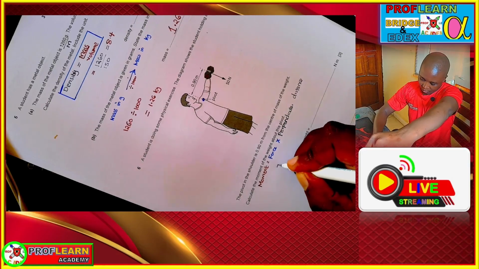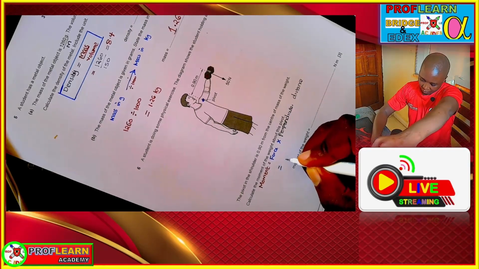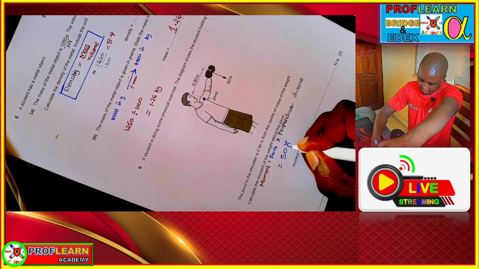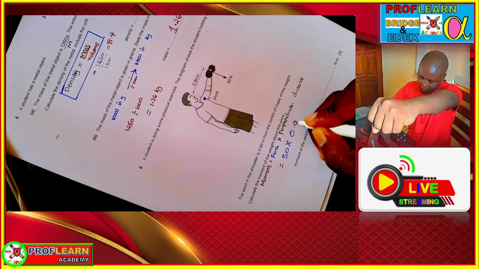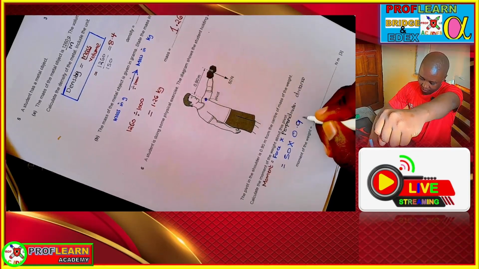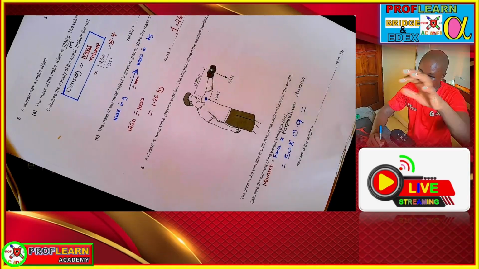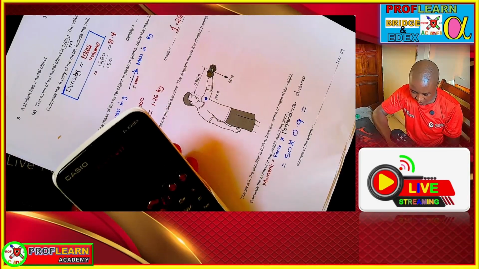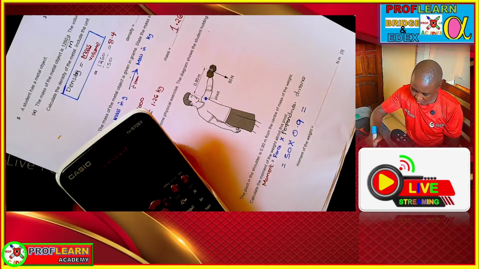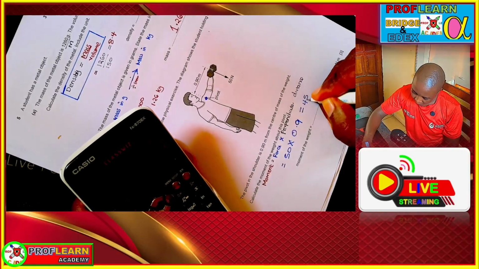So we are going to say the force is 50 times 0.9, and if you work it out using your calculator, 50 times 0.9 is going to be 45.